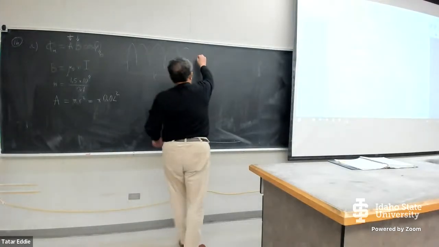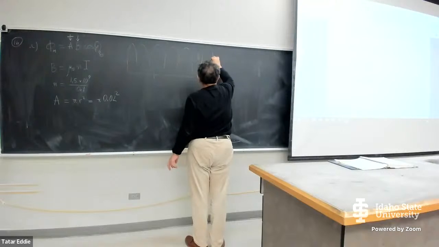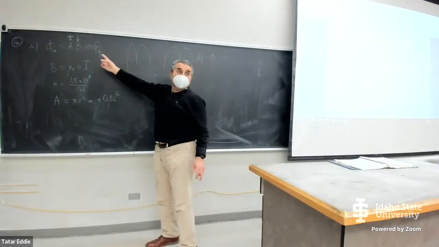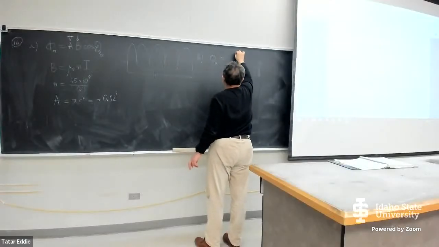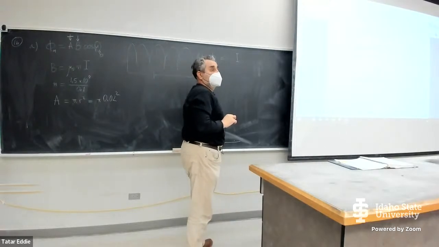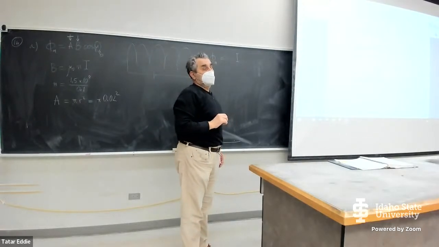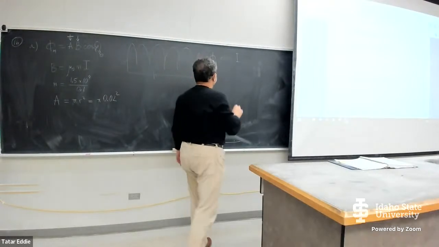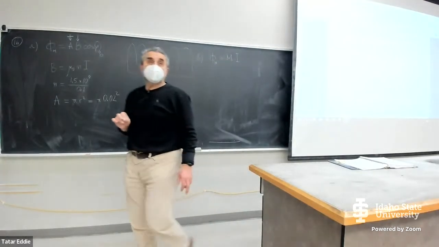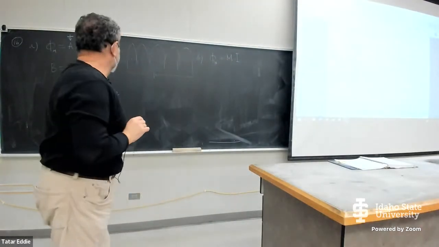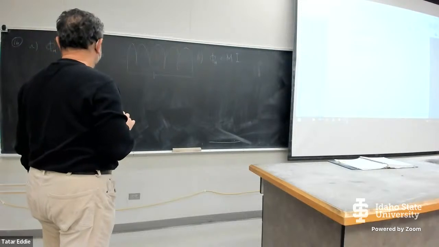So, by definition, the magnetic flux that we just calculated is equal to the current that is flowing in the solenoid multiplied by a coefficient of proportionality that we call coefficient of mutual inductance.